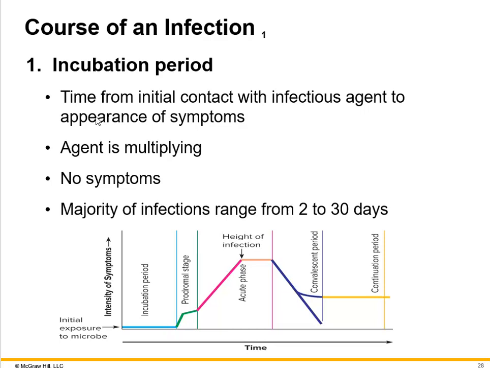So much harder to track and figure out what was the origin of this infection. Right, so as it says, incubation period, it's the time from when you're first infected until the time that you start showing symptoms. At this point, the agent is multiplying, but you don't have any symptoms at all, right? So you don't feel anything.